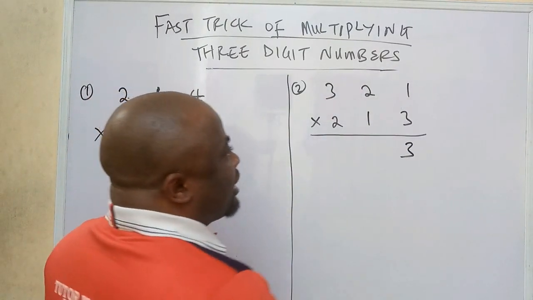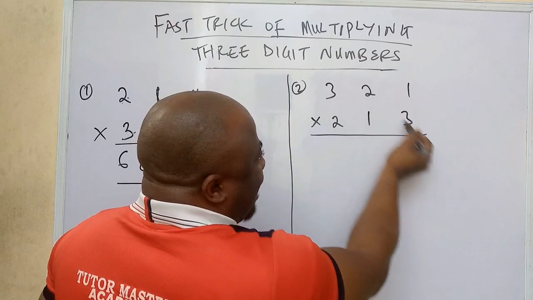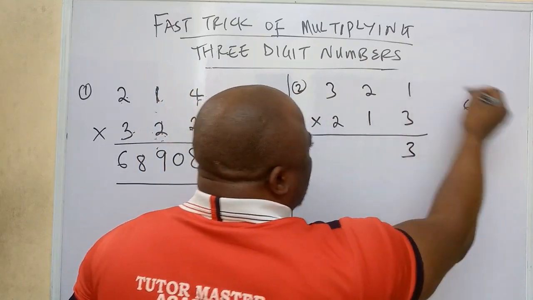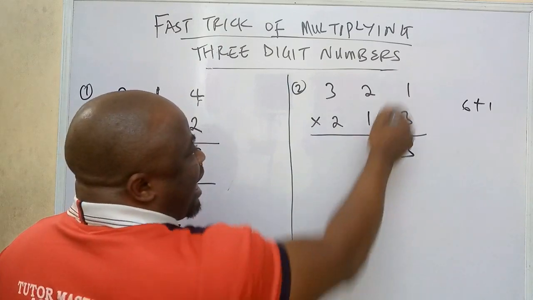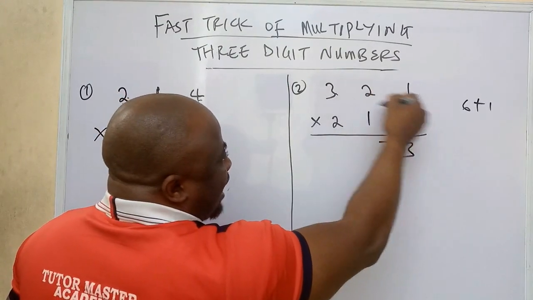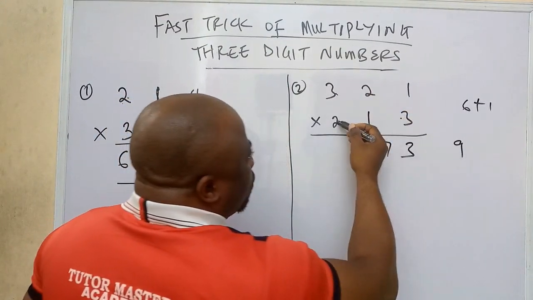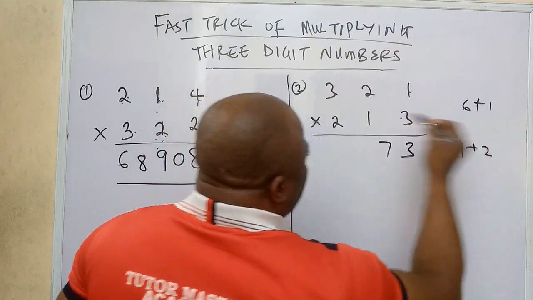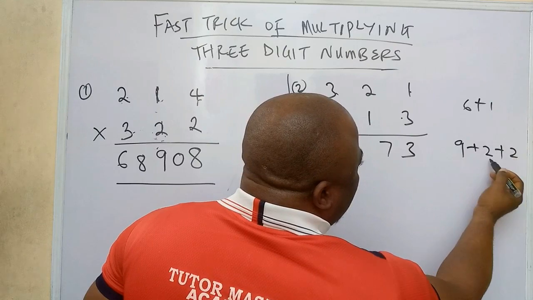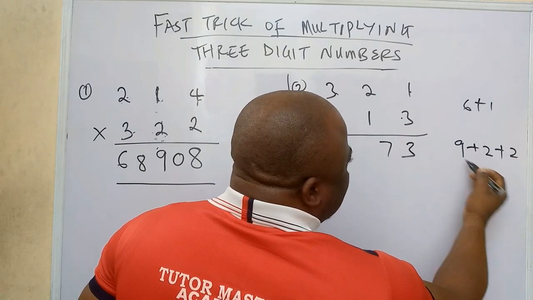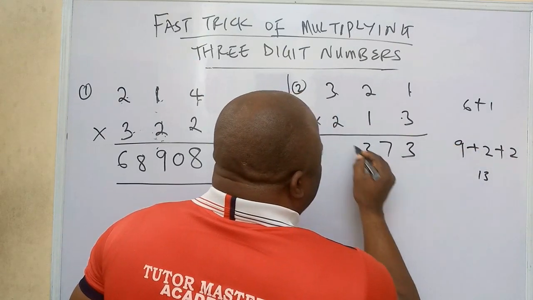The next thing is that you take the 2 you have here. 2 times 3, 6. 1 times 1, that is 1. That is 7. The next thing is to take everything you have. 3 times 3 is 9. 2 times 1 is 2, then 2 times 1 is 2. So you have 2 plus 2, that is 4. 4 plus 9, that is 13. So put 3 and add 1.